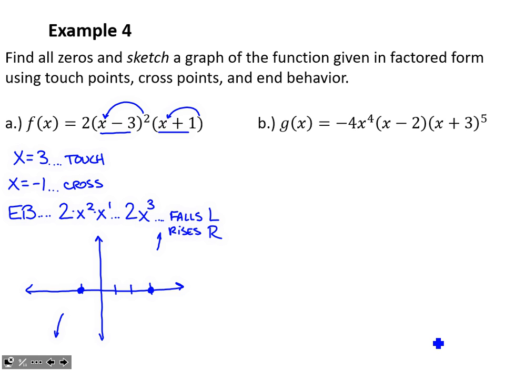I encounter that negative 1 first, and that's a cross point, so I'm going to make sure my graph comes in and crosses cleanly there. No wiggle, no hesitation or anything there. Then it bends around to this next 0, but that was a touch point at 3, before it rises off. And again, it's just a very rough sketch, but think of what we're doing here. We're looking at a really complicated function, and we know what's going to happen along the x-axis with that. That's really cool.